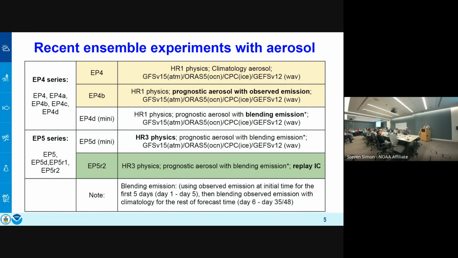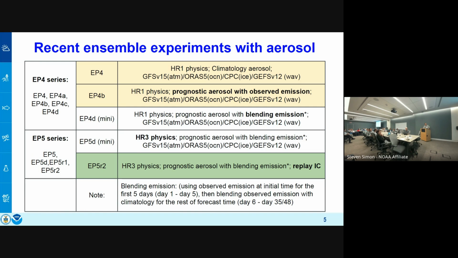From EP4 to EP4B, you see the changes here. EP4 has no aerosol coupling, and EP4B has prognostic aerosol with observed emission. You see the difference in both fonts. And we have a mini-set run where EP4B changes the observed emission to blending emission. At the bottom, you see the definition and details of the blending emission.